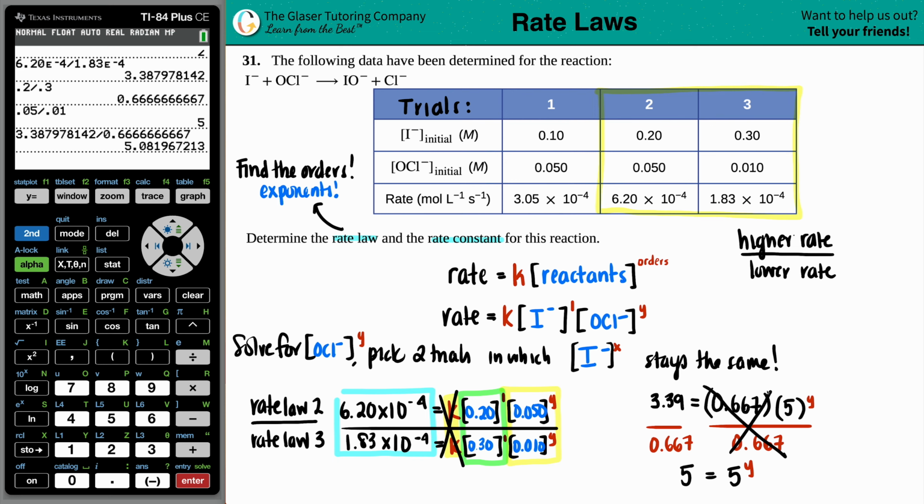So now, 5 to the what will get me 5? Yeah, y equals 1. All right, so we just found the second order. Yay! This y is going to be raised to the first. So I could just erase this and put a 1.